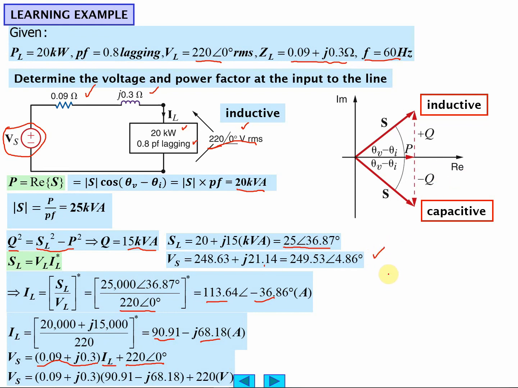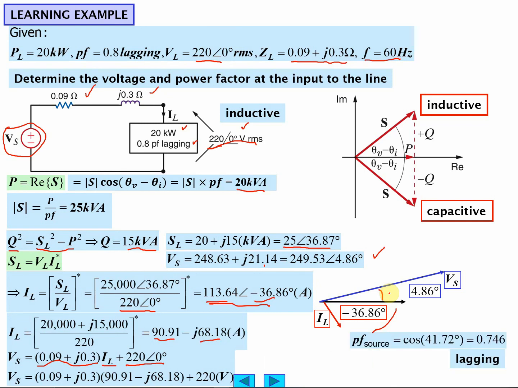So now we have the source voltage. It leads I_L, let's see, there it is. The power factor is going to be the difference in the angles between the two, or approximately 40 some odd degrees. And working it out, 0.746. And again, I checked this out on Octave, it all works. And we're going to stop here and go to the next video.